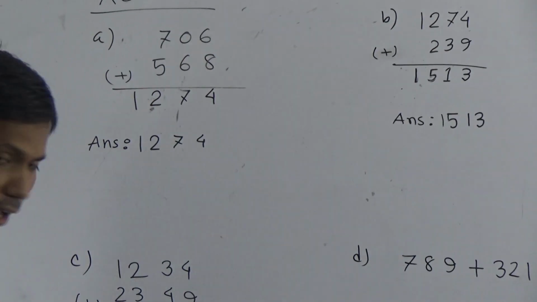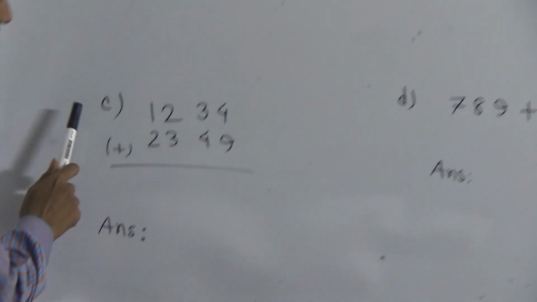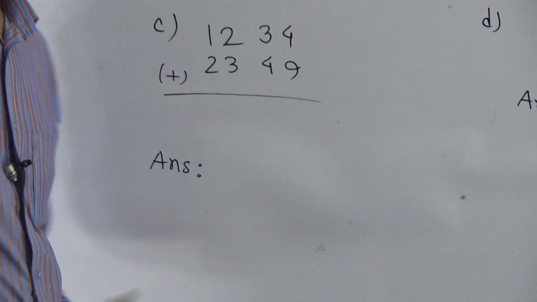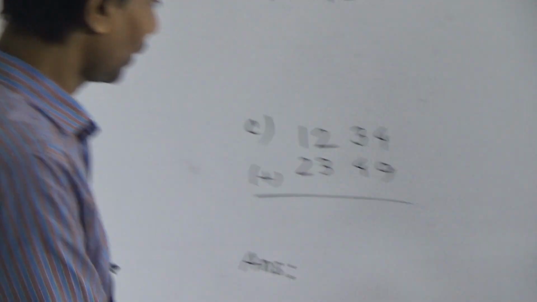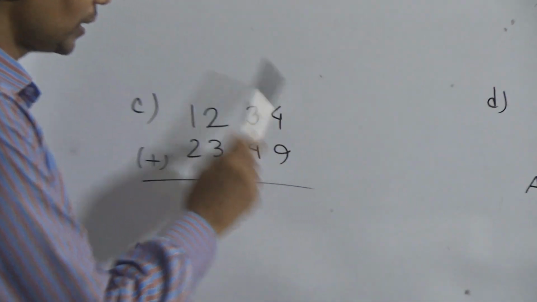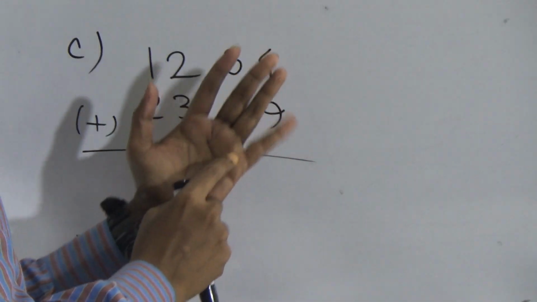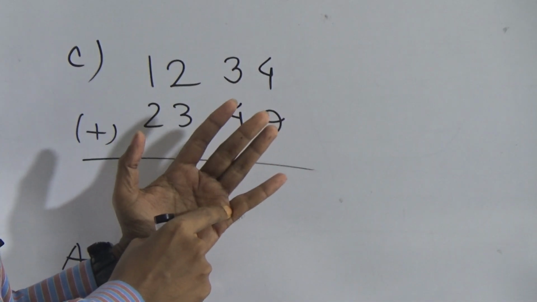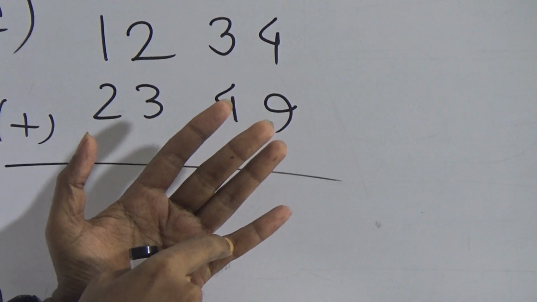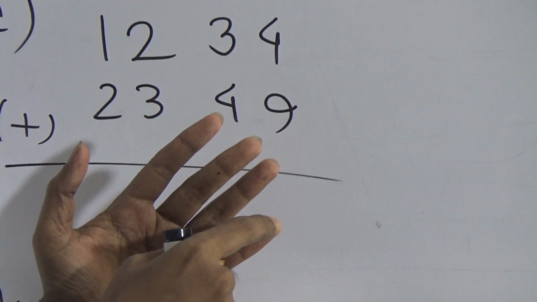Now I will solve question number C. Look. This is 9 and this is 4. Count now: 9, 10, 11, 12, 13.